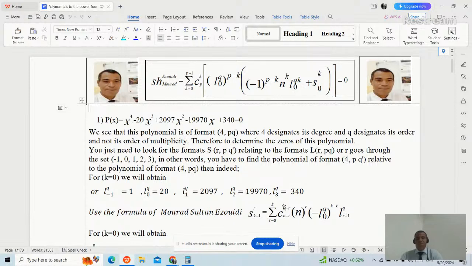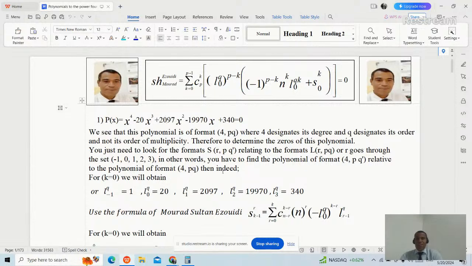This is very important. So before starting, you should figure out L minus 1, which is 1, and L0 of order q, which is minus 20, so it will give you 20. L1 will be positive 2097, the coefficient in front of the x squared term.